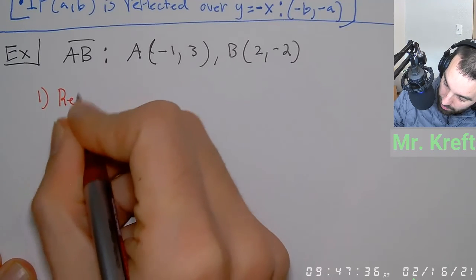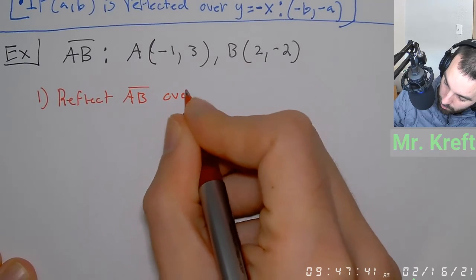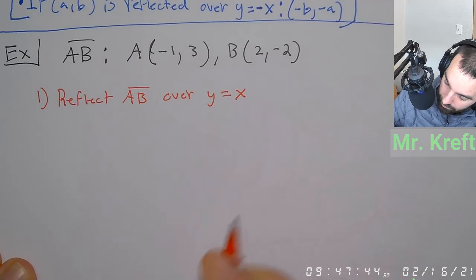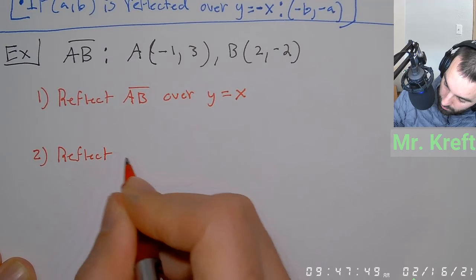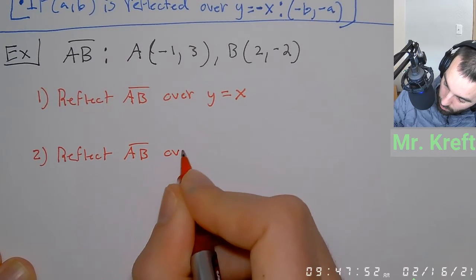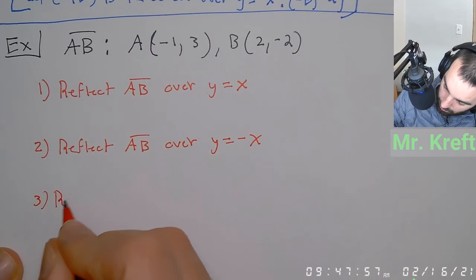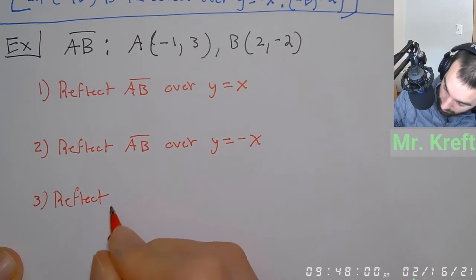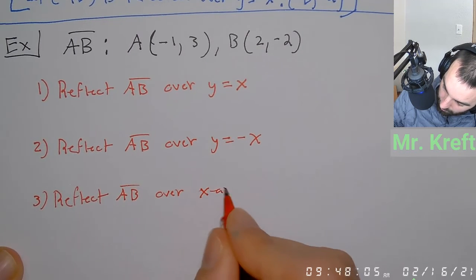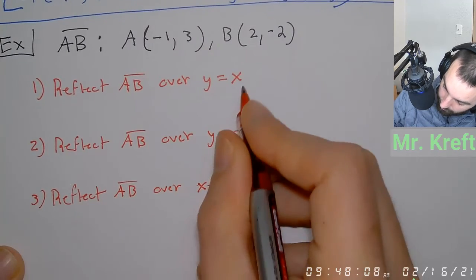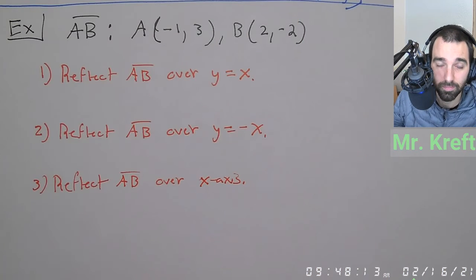So 1, we're going to reflect segment AB over y equals x. And then 2, I want you to reflect segment AB over y equals -x. And then 3, you're going to reflect segment AB over the x-axis. So in our last couple of minutes together, just practice using the formulas.